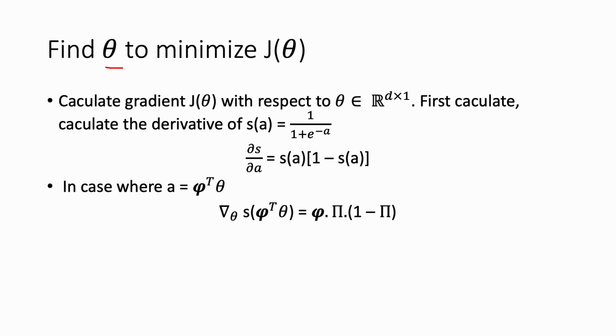First, we need to calculate the derivative of the sigmoid with respect to a, which is equal to sigmoid of a multiplied by 1 minus sigmoid of a. Then we calculate the derivative of a with respect to theta, which equals phi.